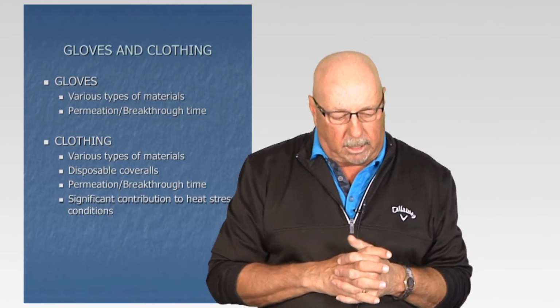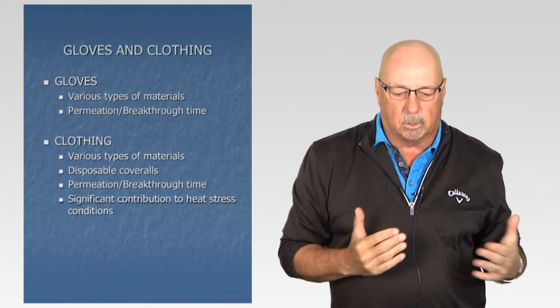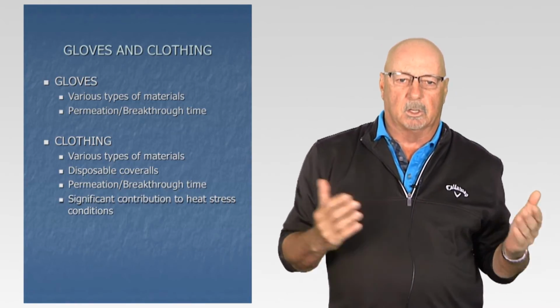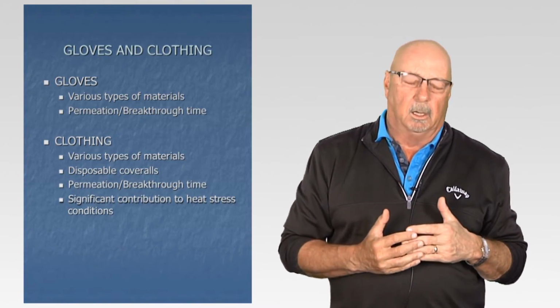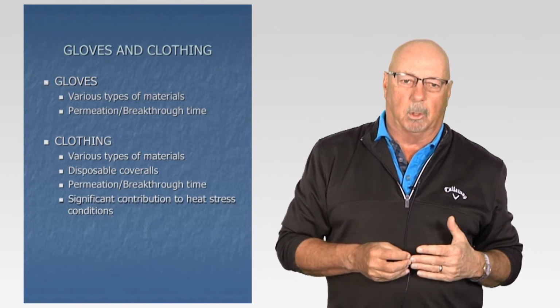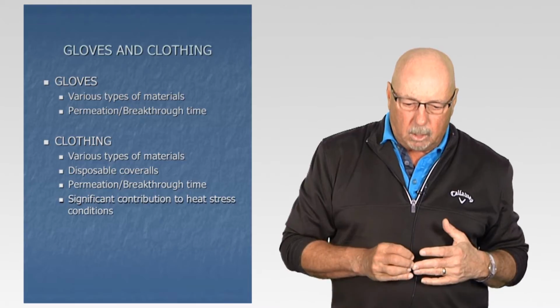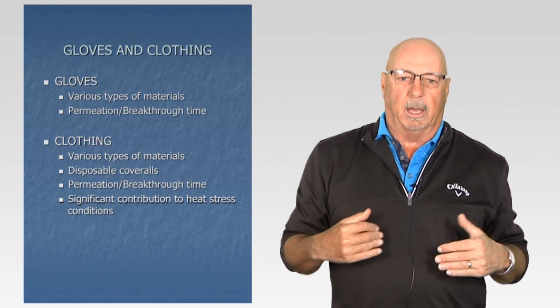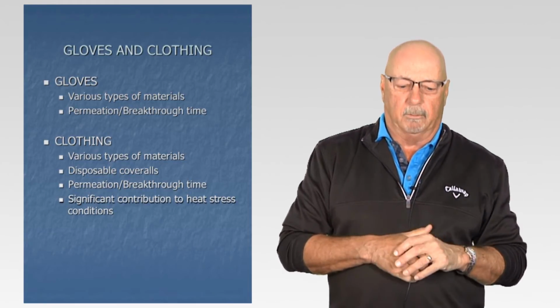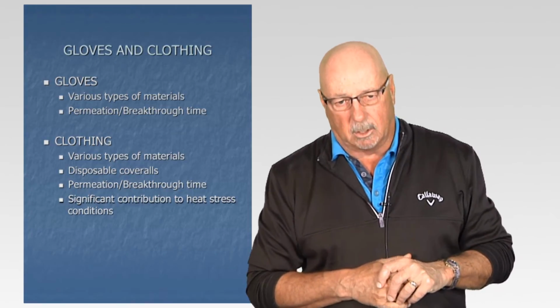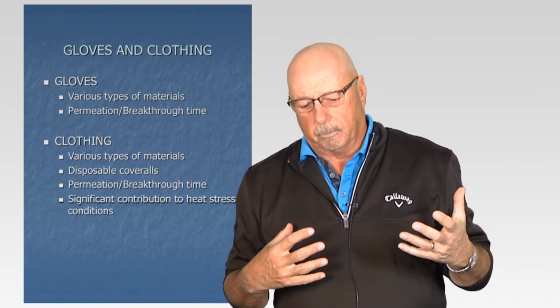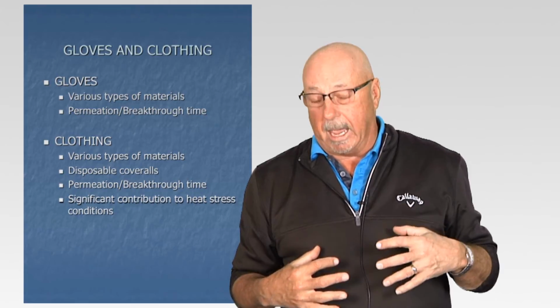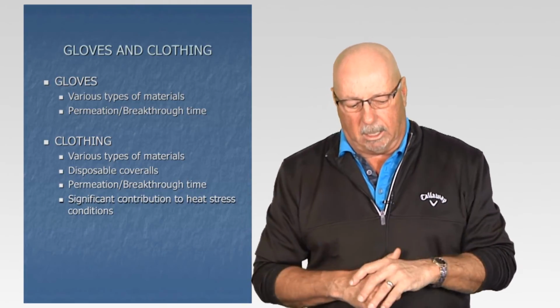Again, on clothing, we can get into reusable clothing or disposable clothing. There's a variety of different types of disposable clothing, and the level of protection it will have is based on how the clothing is made and what materials it's made of.